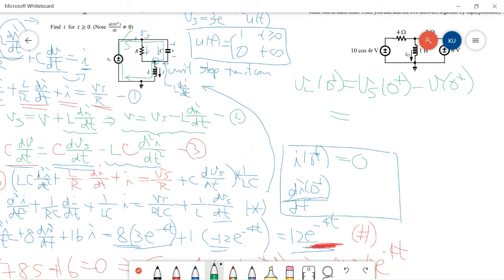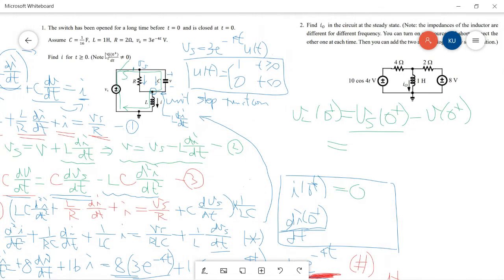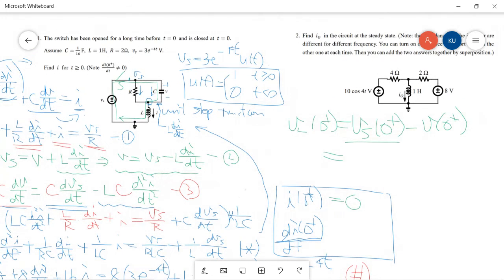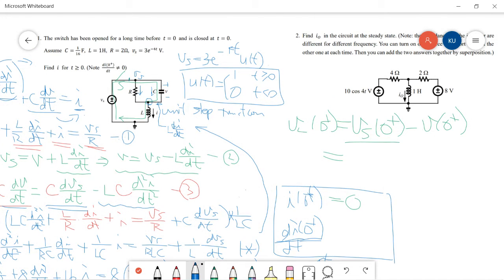And VS 0 plus, we can check it here. Vs is actually this one. So we substitute 0 plus into this expression, so that it is 3. It is 3 minus, and the voltage of the capacitor should be continuous.